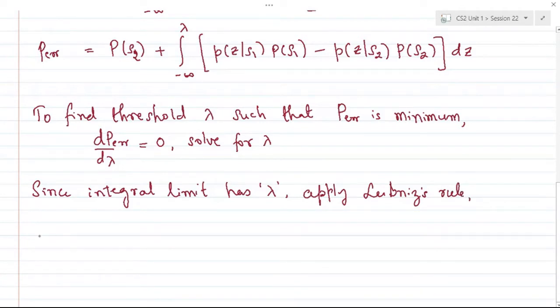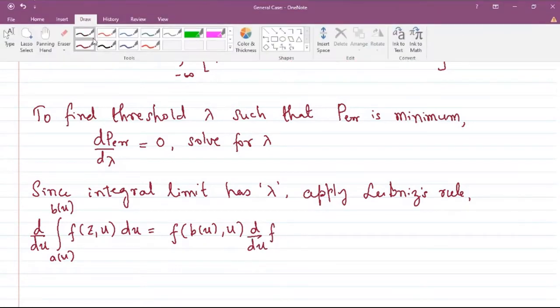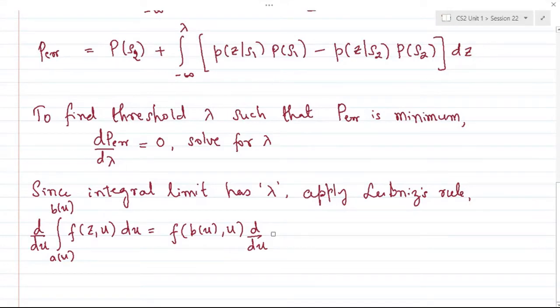The Leibniz rule in general says that if I try to differentiate with respect to a variable whose limits are functions of the variable itself, say the lower limit is a of u and the upper limit is b of u, and the function is a multivariate function, say f of z comma u, integrated dz, then you substitute z as its upper limit, b of u comma u, and take the first derivative of the upper limit, which is b of u.